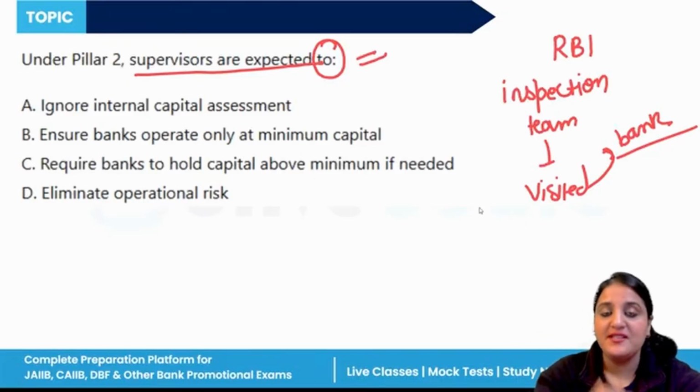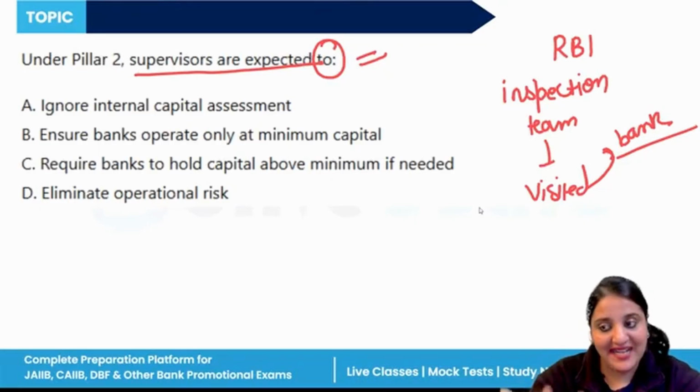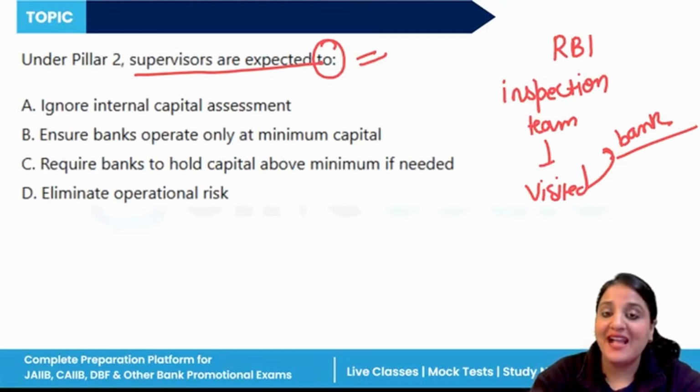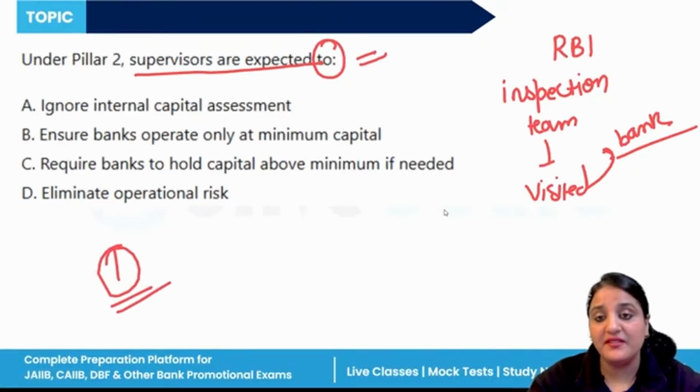Pillar 2 ensures bank develop proper risk management system. Supervisors review bank internal process. Bank hold capital above the minimum if required. So four principles are there. First is saying that bank have to process to assess overall capital adequacy.